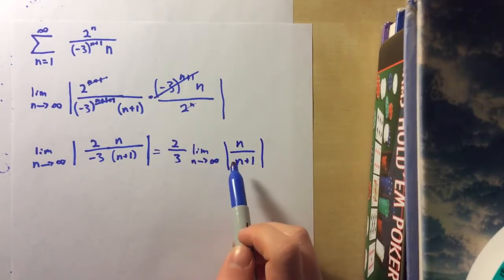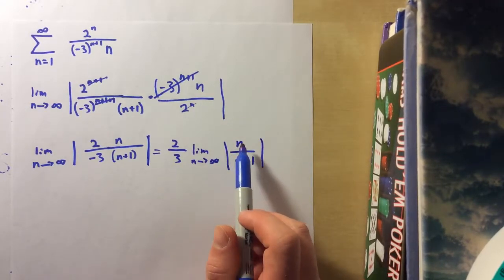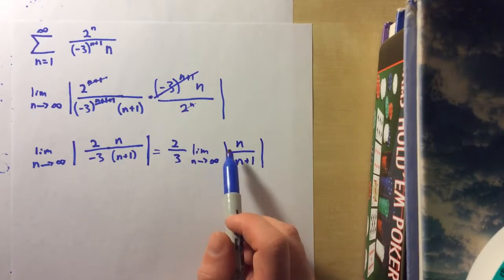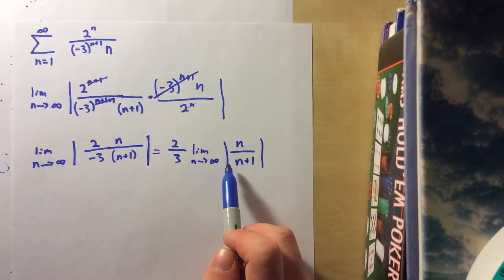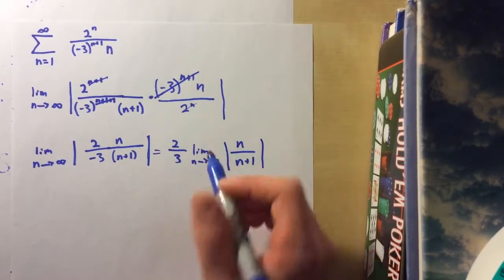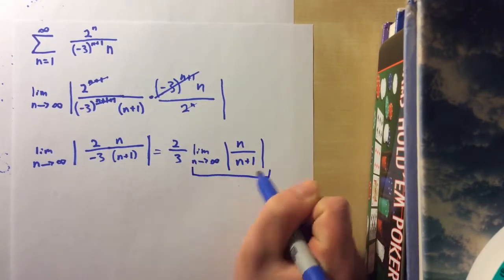When you have the same power of n in both the denominator and the numerator, we just look at the ratio of the coefficients. In this case, the coefficients are 1 and 1, so all of this is just going to equal 1.